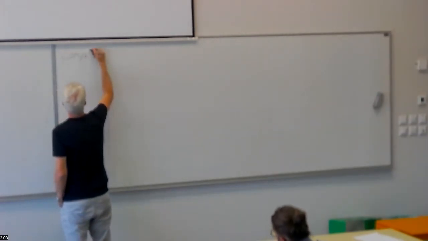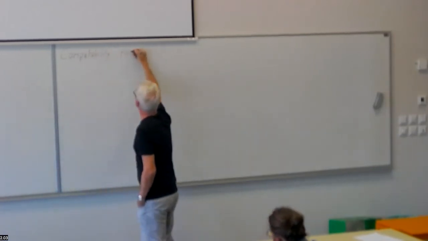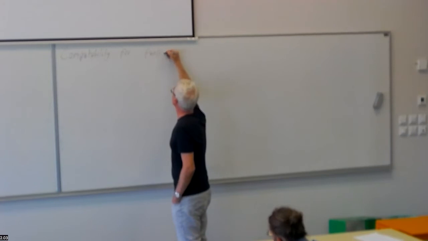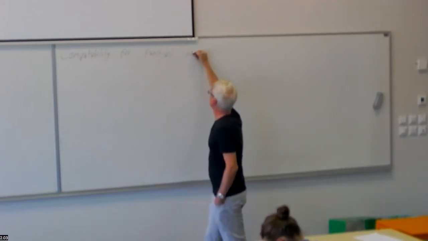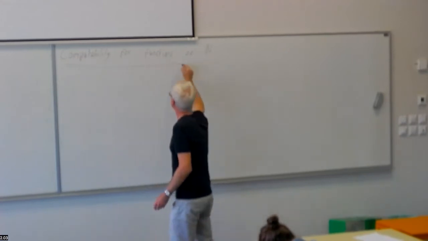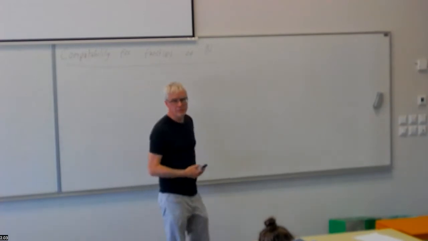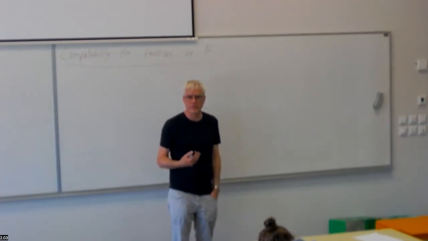And let's talk about computability for functions on natural numbers. Now, having got the Turing machine model, we don't want to change our model of computation. So what we want to do is work with the model of computation we've got.